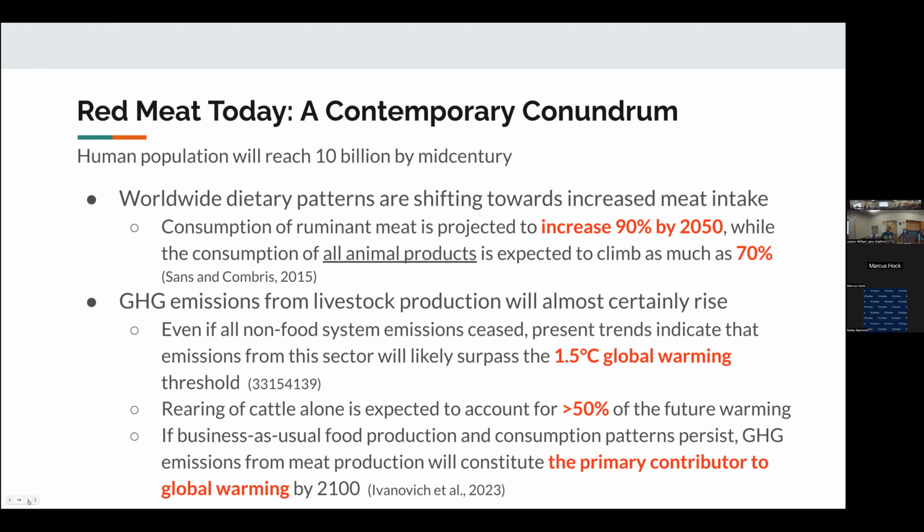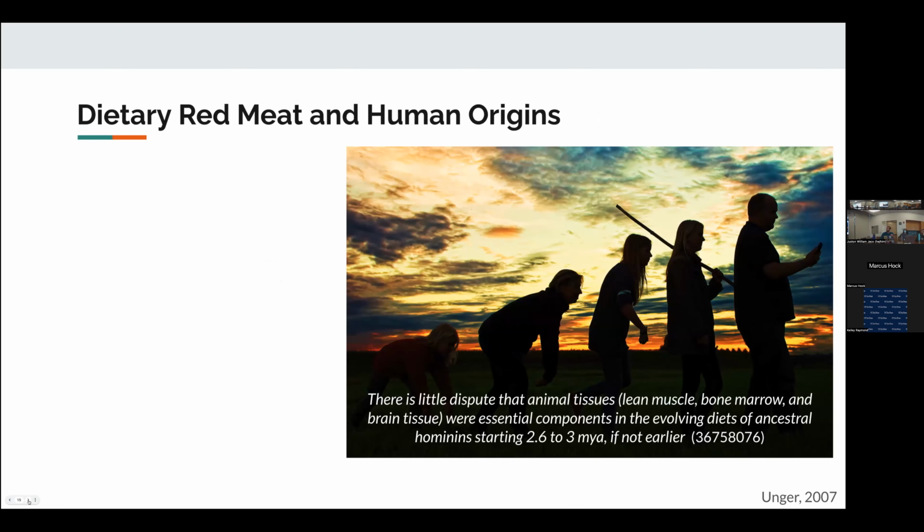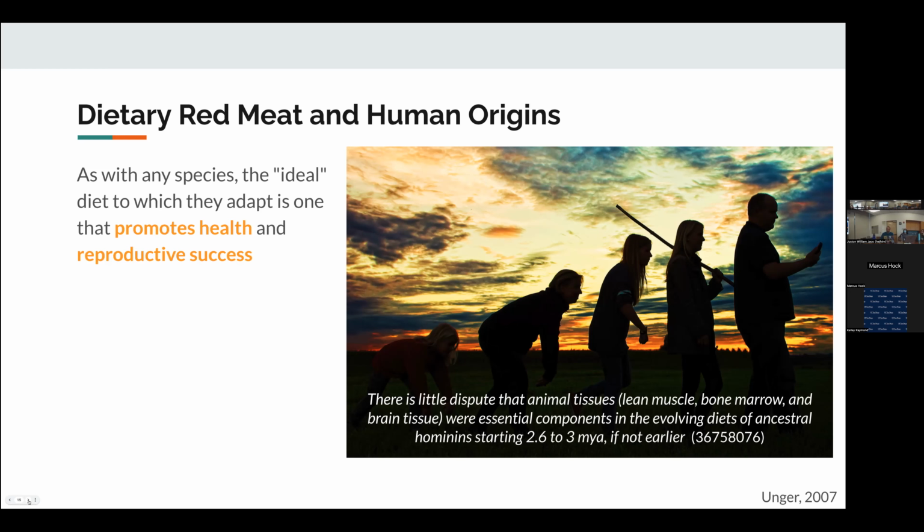So with that being said, I wanted to briefly talk about red meat and human origins. And I wanted to very clearly say that there's little dispute that animal tissue, so lean muscle, bone marrow, brain tissue, were essential components in the evolving diets of the ancestral hominins around 2.6 to 3 million years ago, if not earlier. But I also wanted to say that any ideal diet is very context dependent.